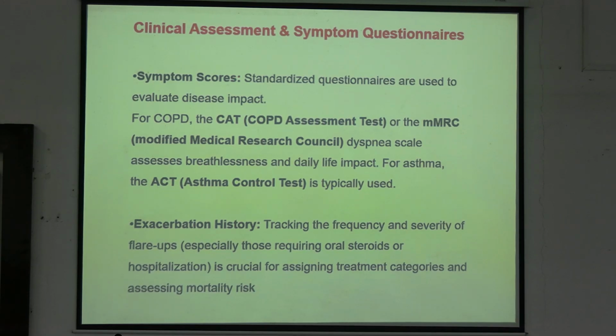For COPD, there is the COPD assessment test or the modified Medical Research Council dyspnea scale, and the asthma control test. These are some tests by which obstructive airway disease can be evaluated, and also the history. The history is very important, like the duration and severity, in assessing the disease.